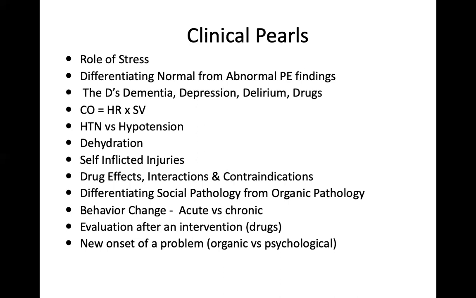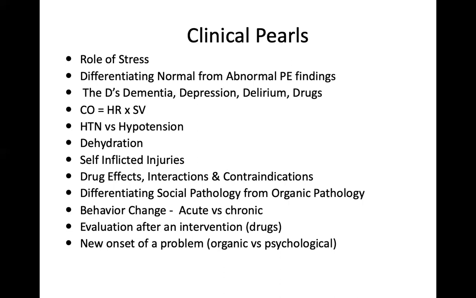Behavioral change, is it acute or is it a chronic change? If it's acute, something's going on, a bacteria or sepsis or something, an injury. If it's chronic, it's been going on over time. Evaluation after an intervention, and we talked about that.